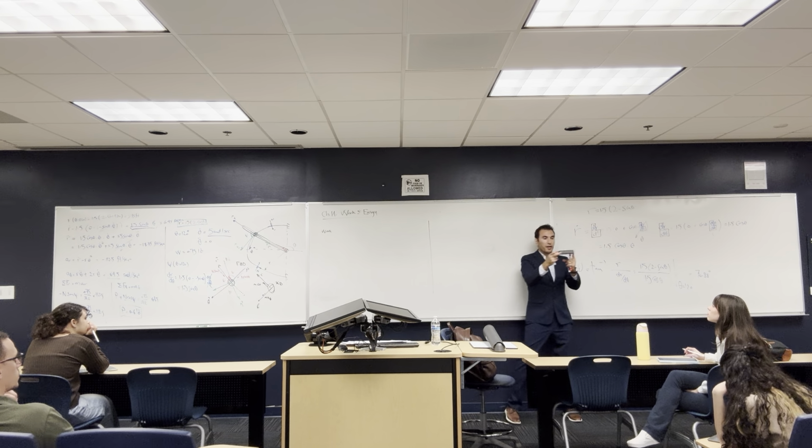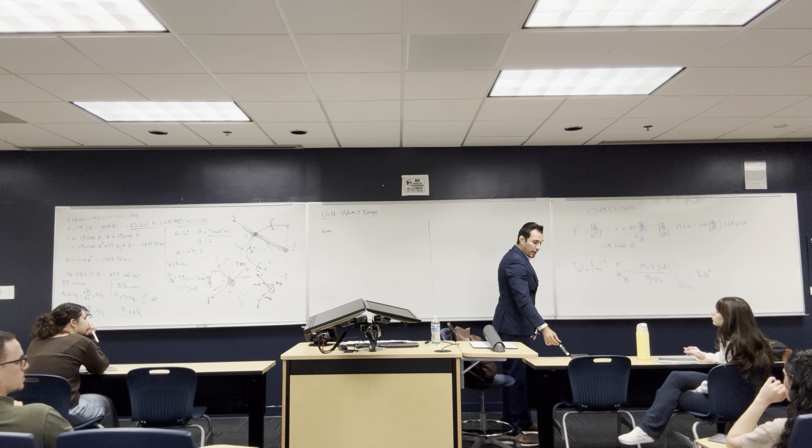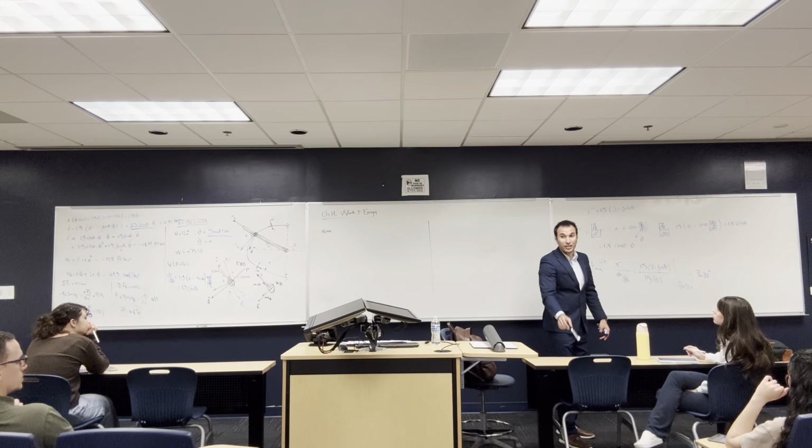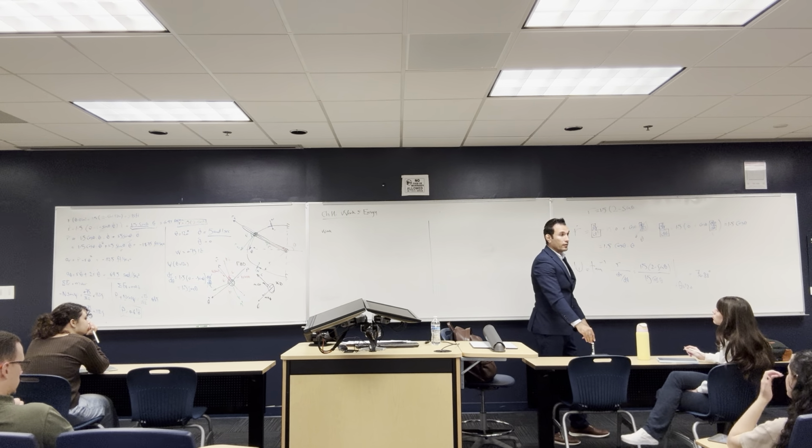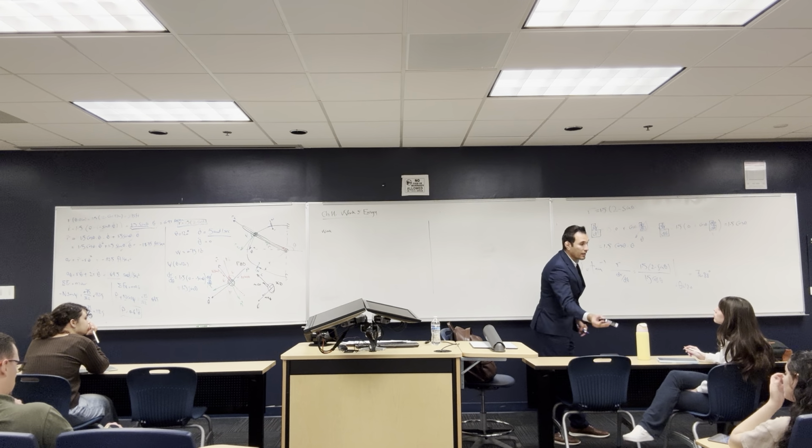I push this that way, so I have to find the x component and the y component. Which one is making the work? The one in the x direction. The one in the y direction doesn't do anything. So it's always the one in the same direction as the motion.